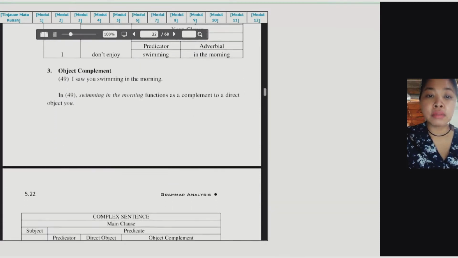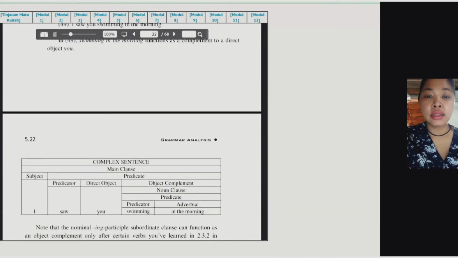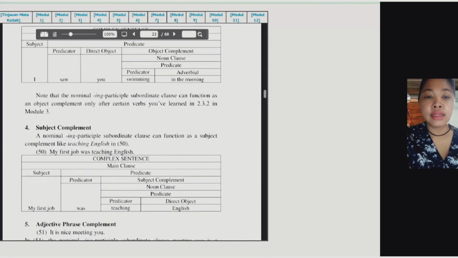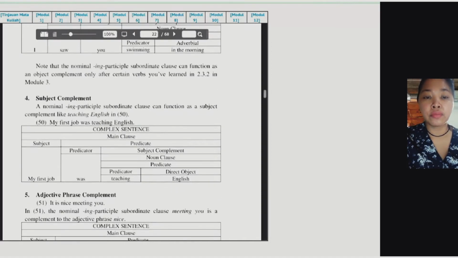And the object complement: I saw you swimming in the morning. And for subject complement, my first job was teaching English. This is the subject complement, teaching English, after the predicator was.